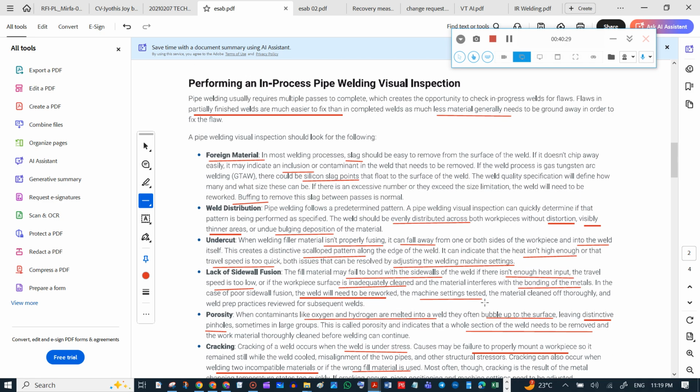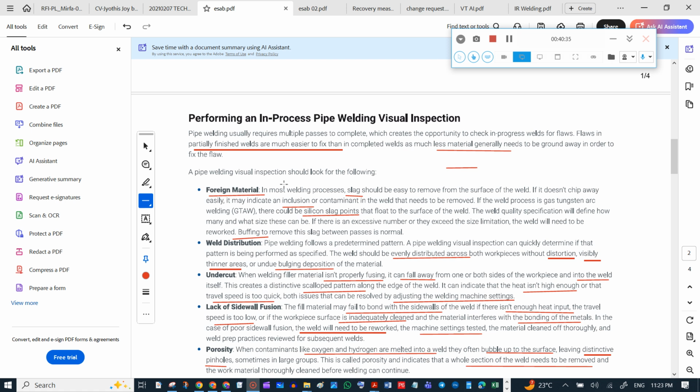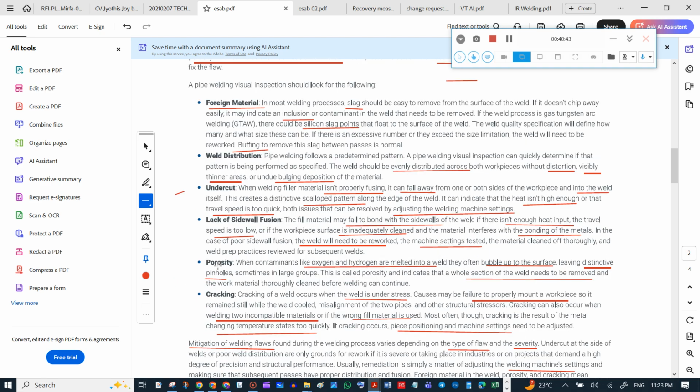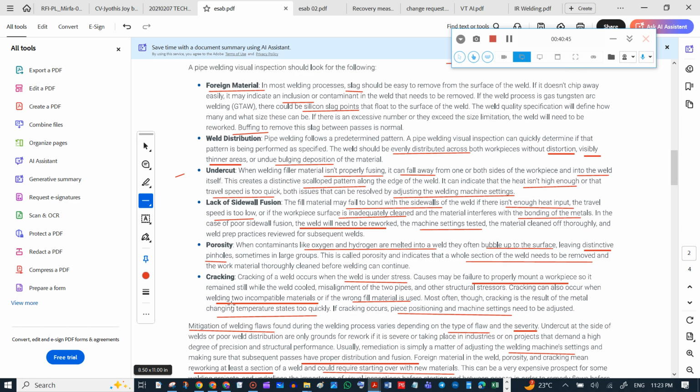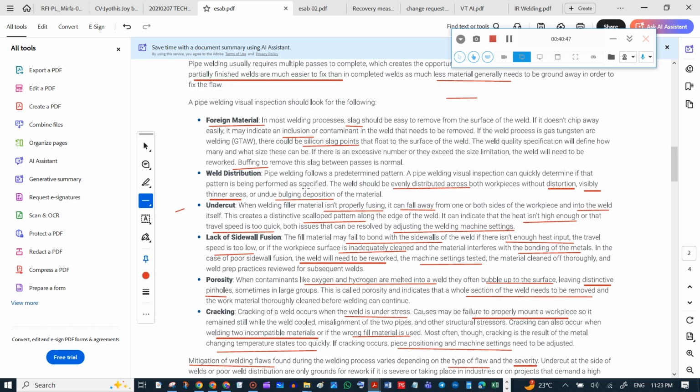During welding, we are checking for foreign material, weld distribution, undercut, lack of sidewall fusion, porosity, and cracking. So what is foreign material? Slag.